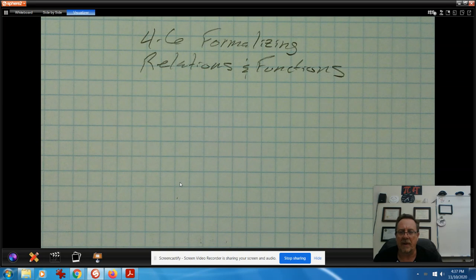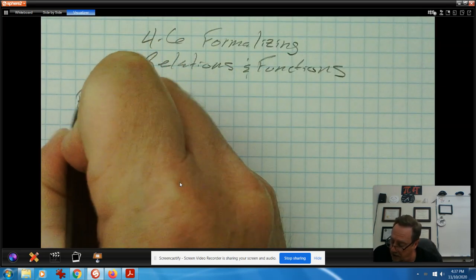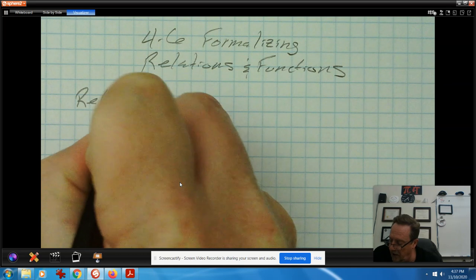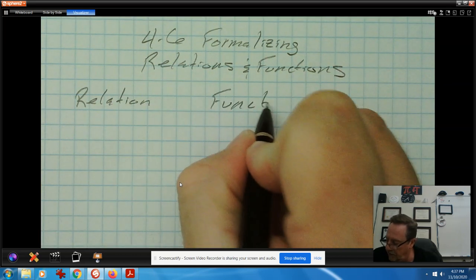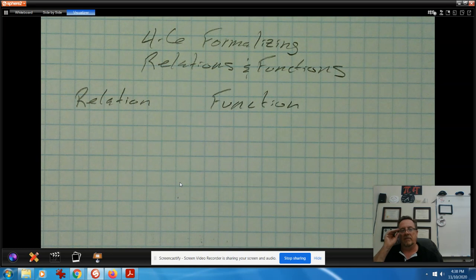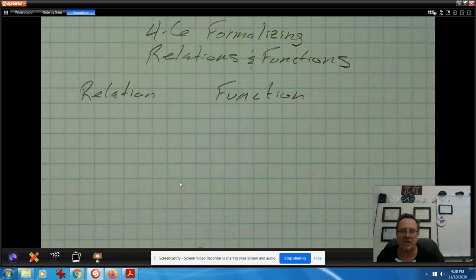We talked a little bit about some of this before, but let's talk about it again and really talk about what the difference is between a relation and a function. Besides the idea that they're different words, they really mean very much the same most of the time.